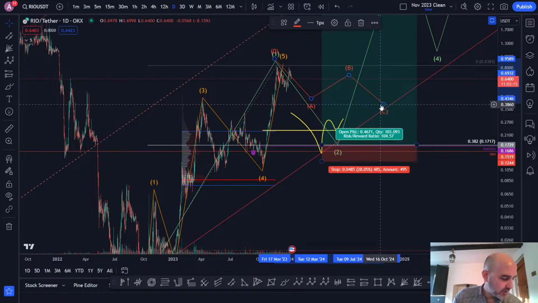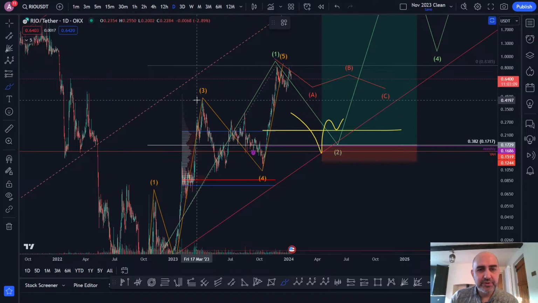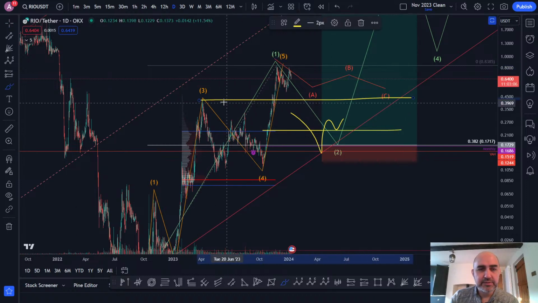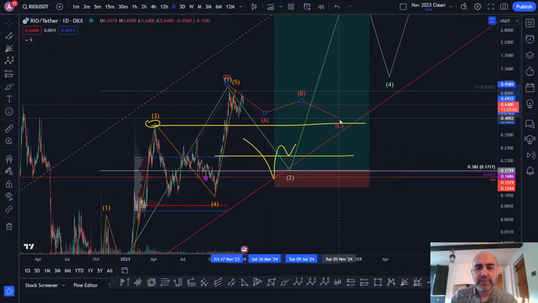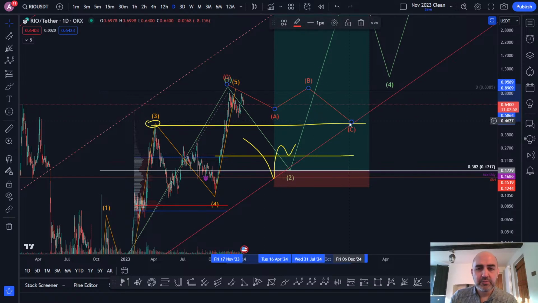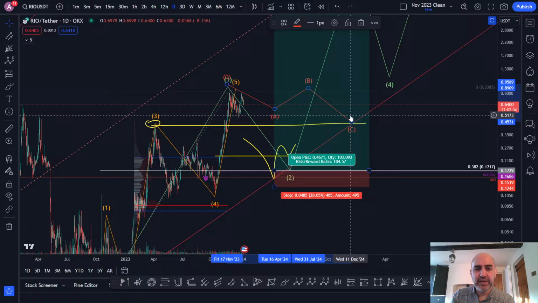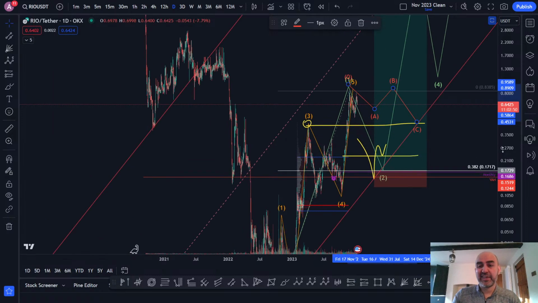And it could just be a back test of one of these highs. It could be like that as well. But I think I would love to catch this when the price hits that trend line. I think that would be really nice. But obviously the best entry is going to be this one that I have here.